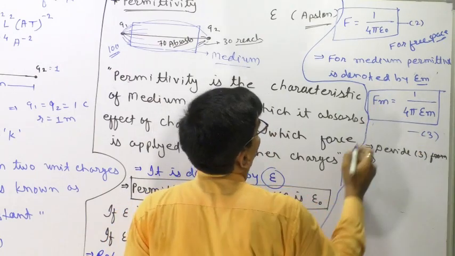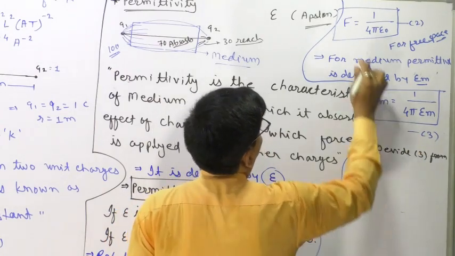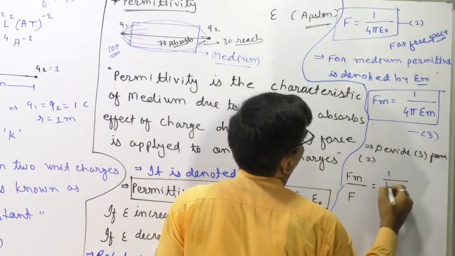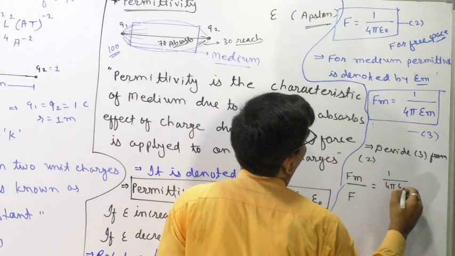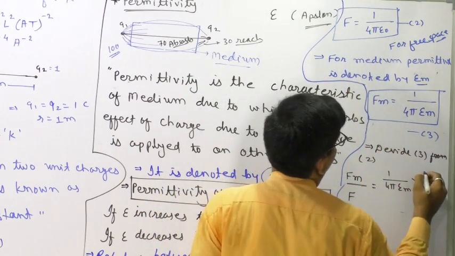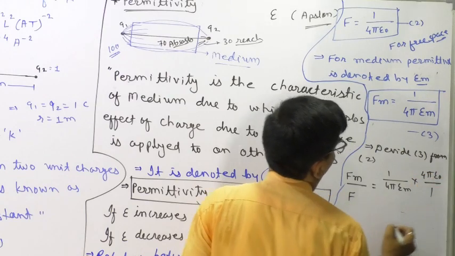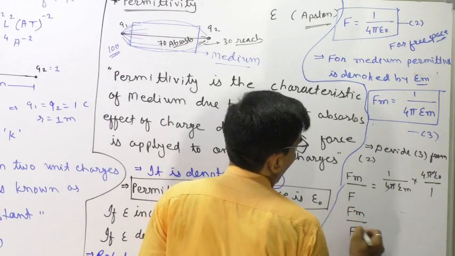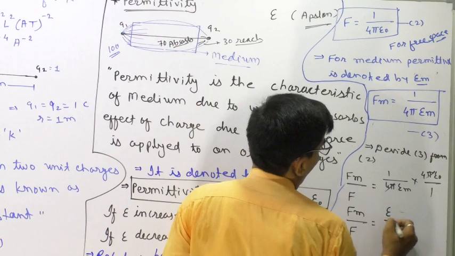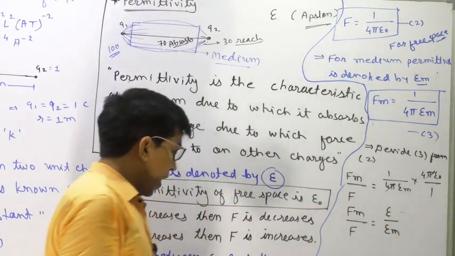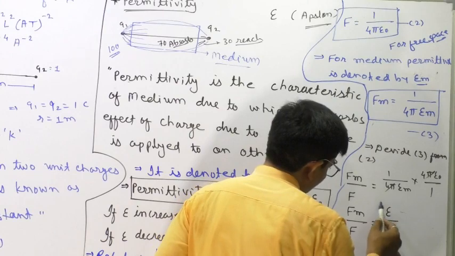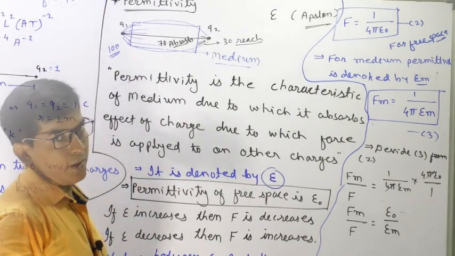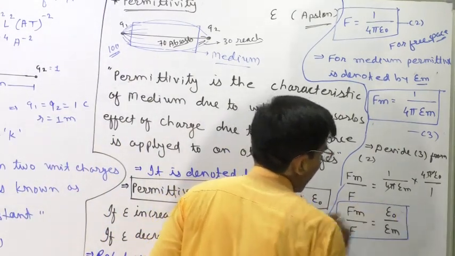This one, Fm divided by F. Then this is 1 upon 4 pi epsilon m, and this would be the inverse, 4 pi epsilon naught upon 1. The 4 pi will cancel. So Fm upon F will be epsilon naught upon epsilon m, and epsilon upon epsilon naught is denoted by K. Okay, we will discuss this one.